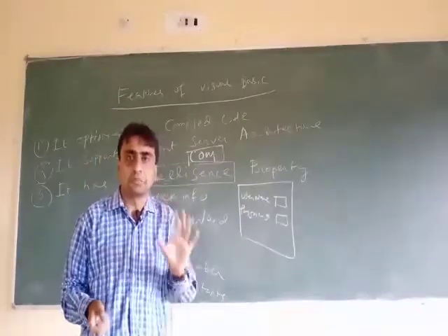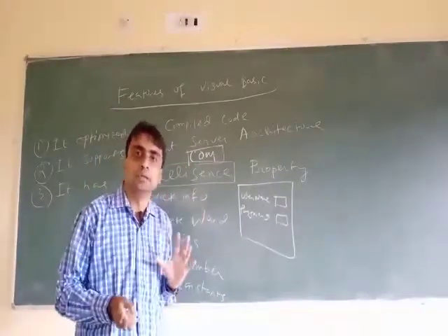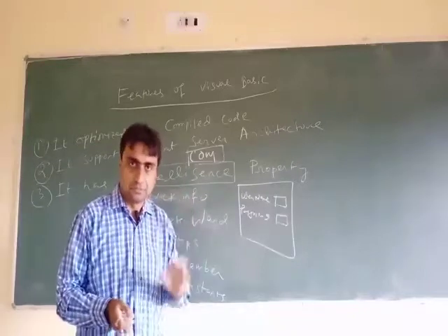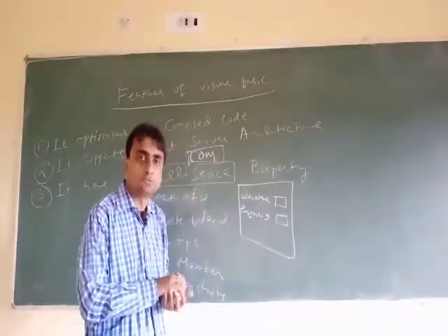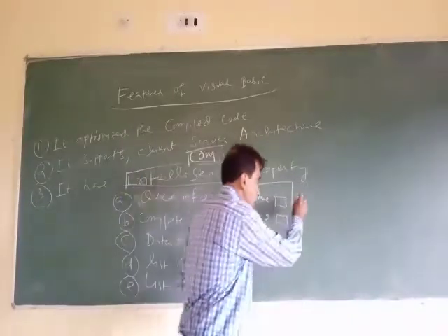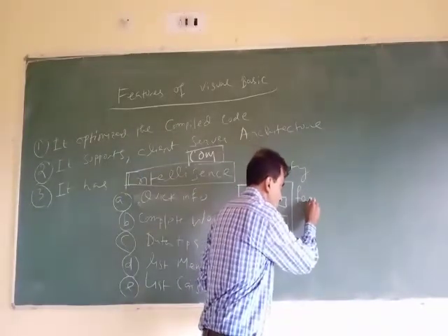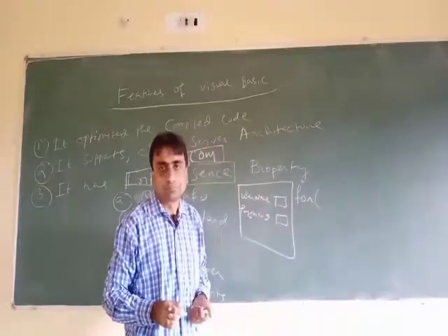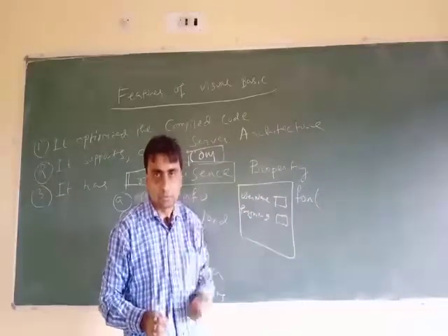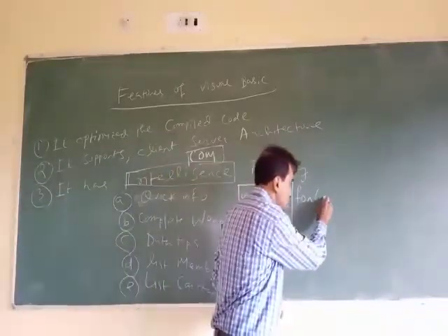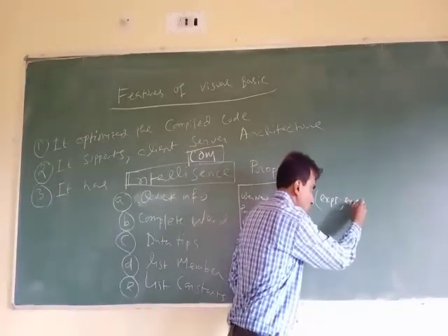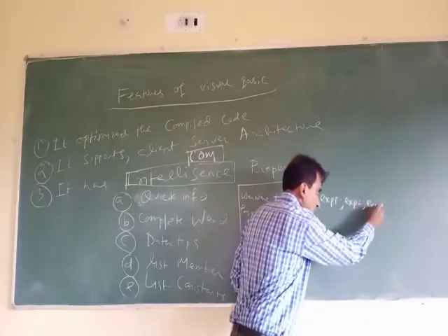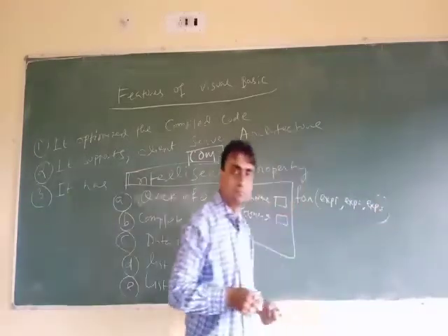Without a looping statement, a programming language cannot be constructed. It is compulsory. The most powerful loop is the for loop. Now what is the syntax of the for loop? I am considering C++ only. In the for loop, the syntax is expression 1, expression 2 and expression 3.